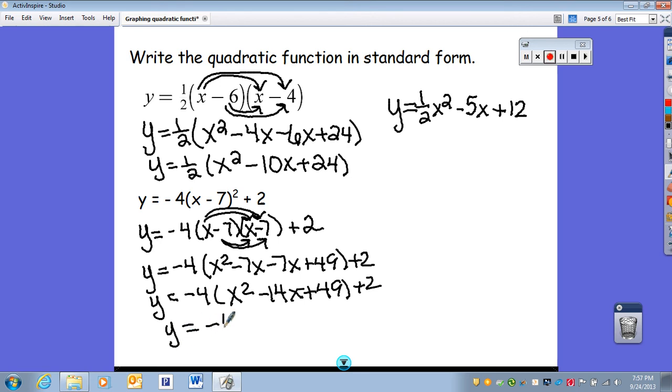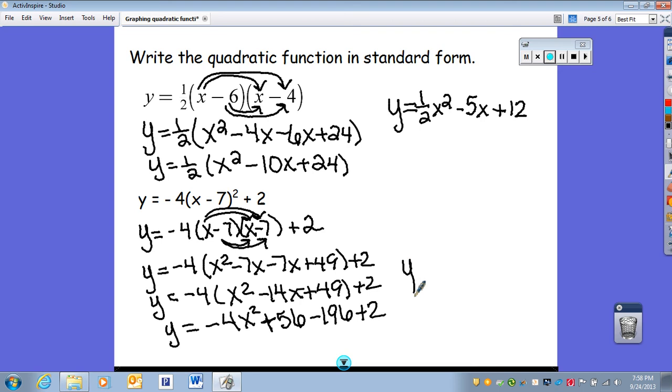So we have -4x squared, -4 times -14 is a +56x. -4 times 49 would be a -196, and then we'll add our +2.